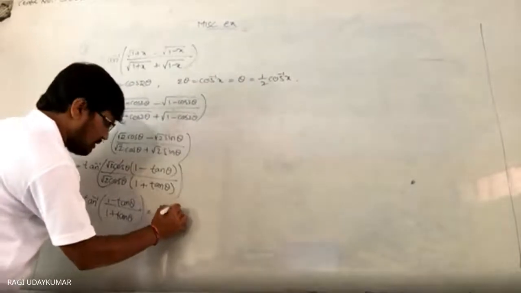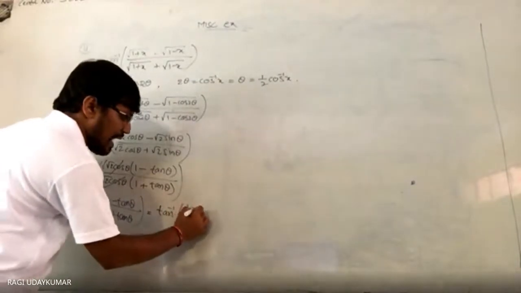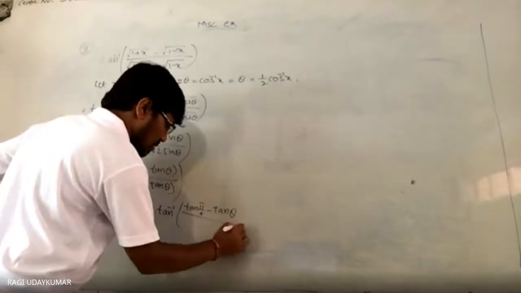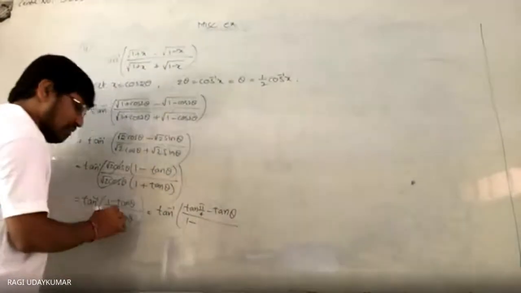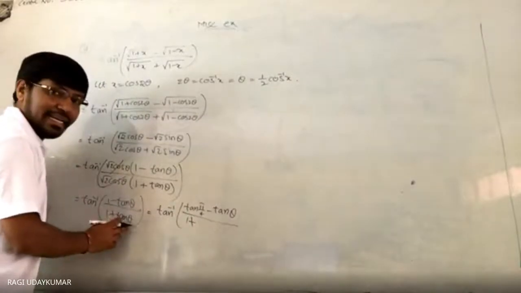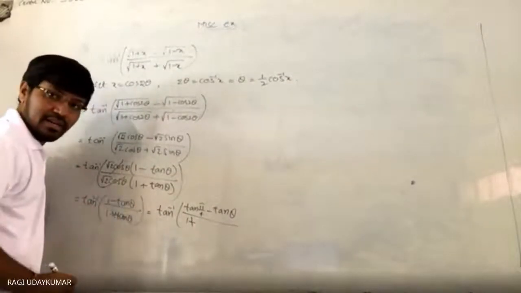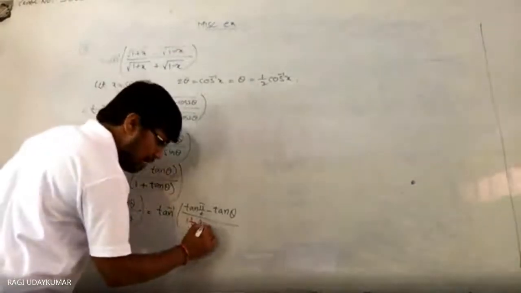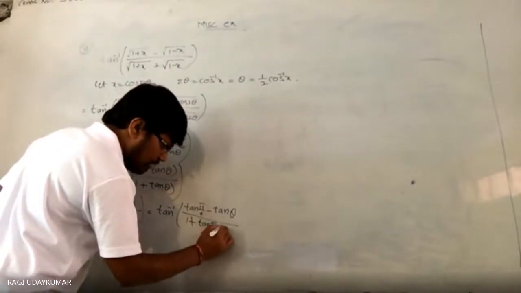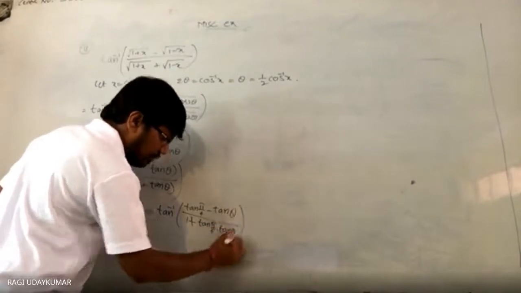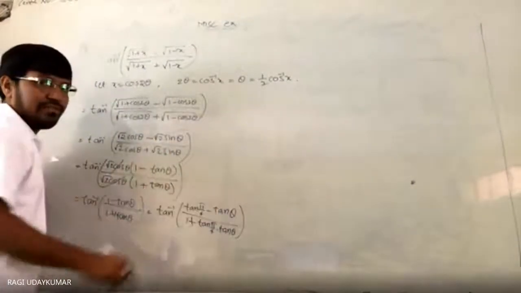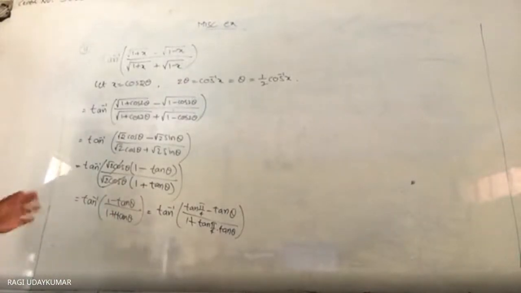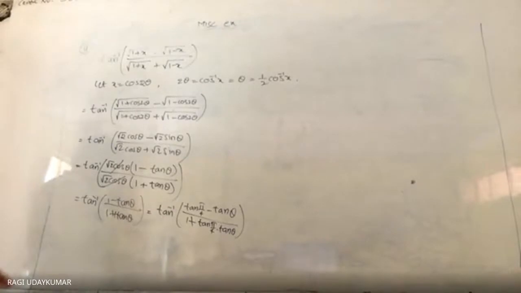So what can you write here? This is equal to tan inverse of tan pi by 4 minus tan theta by 1 plus tan pi by 4 into tan theta. Now it is in the form of tan x minus tan y by 1 plus tan x tan y, which is tan of x minus y.